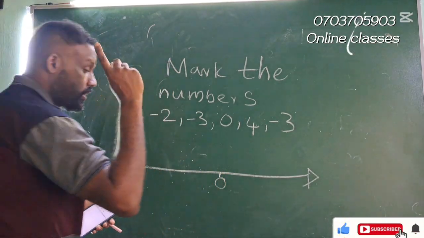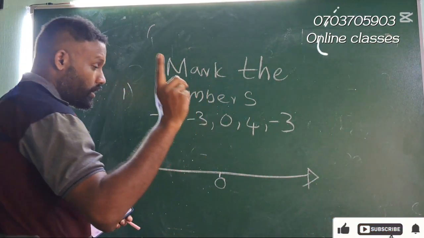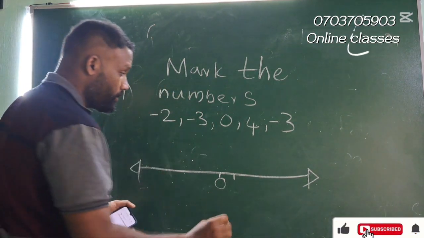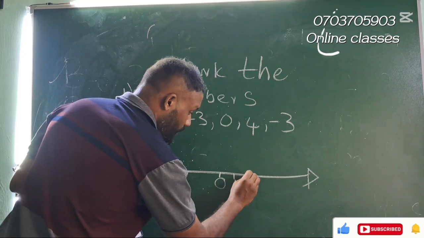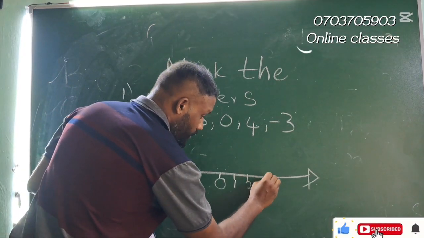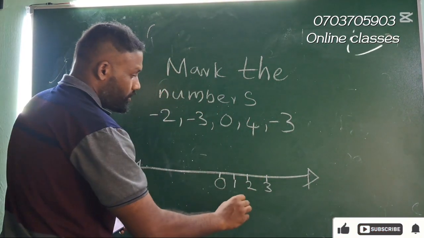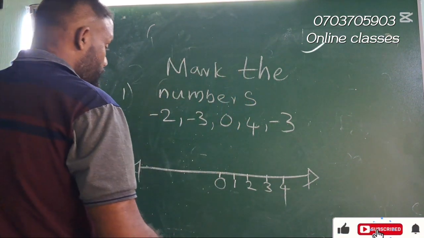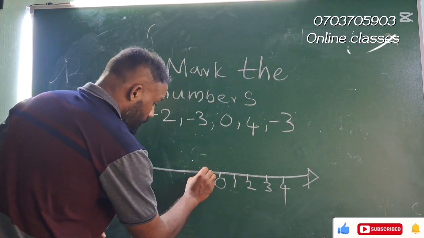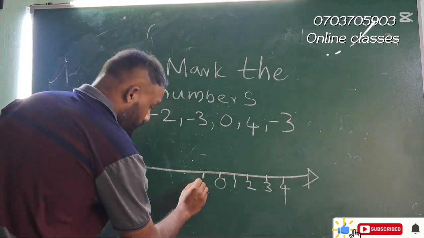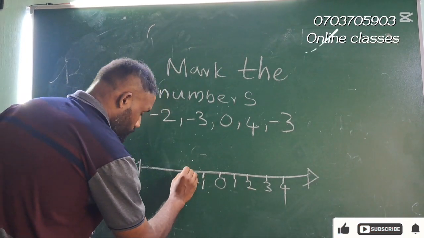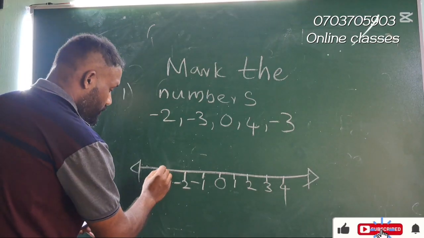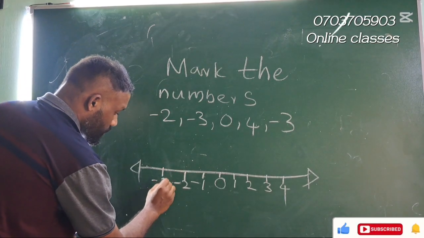On your right side you have to represent the positive numbers: number 1, number 2, number 3 and number 4. And on your left side you can mark negative numbers: -1, -2, -3. Enough, right?